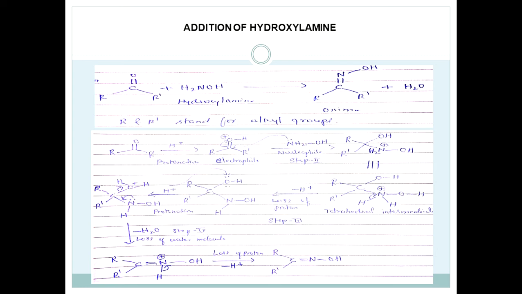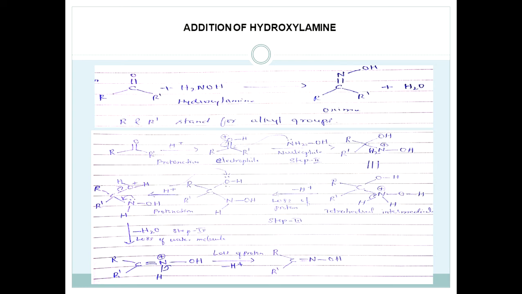The nitrogen of hydroxylamine has a lone pair of electrons, therefore it acts as a nucleophile. In the second step, this nucleophile attaches to the carbon atom and produces a tetrahedral intermediate in which nitrogen has a positive charge.